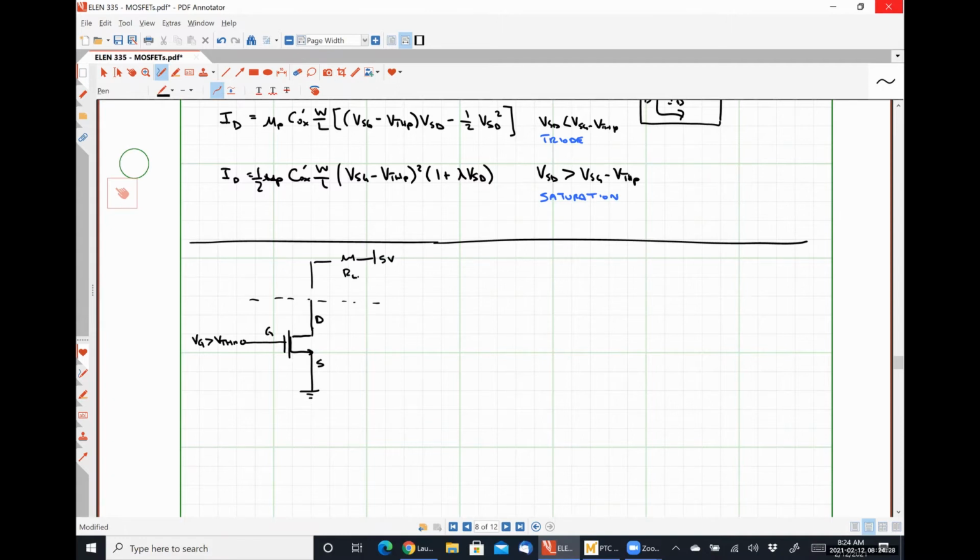There should be some potential difference between the drain and the source, assuming our resistor is correctly sized here. I guess what I'm trying to get at is if we tie our source to ground and we apply a gate voltage large enough that we know it's on, this guy is acting like a simple current source, okay? This is how we create current sources, right?